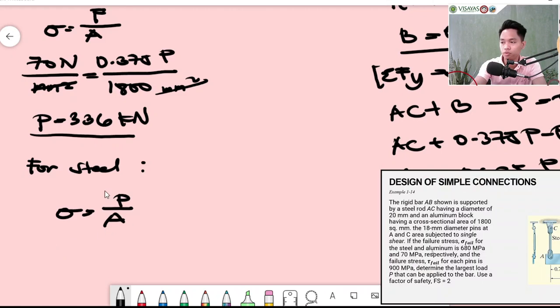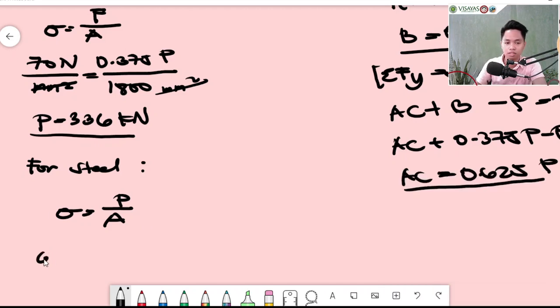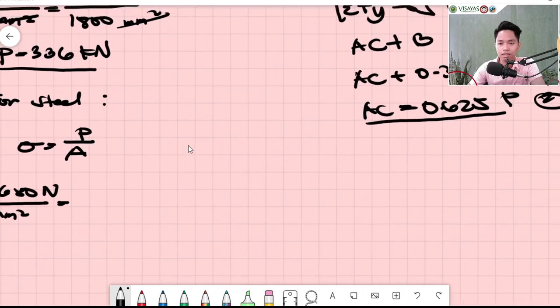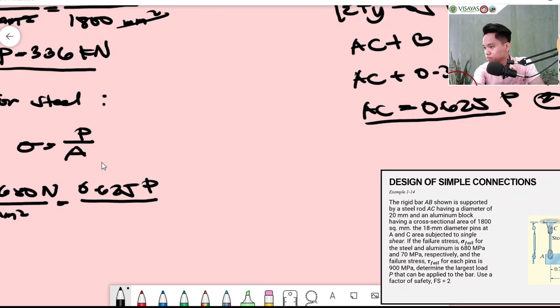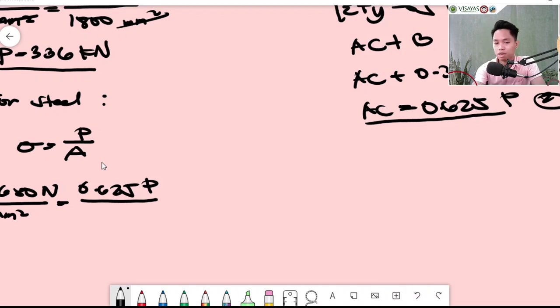Now we are given with steel that is 680 Newton per mm squared, equal to the force acting on the steel, that is AC, 0.625 P, over the area of the steel, 20 mm, so 0.25 pi (20 mm) squared. Therefore the mm squared cancels, and what remains is Newton.